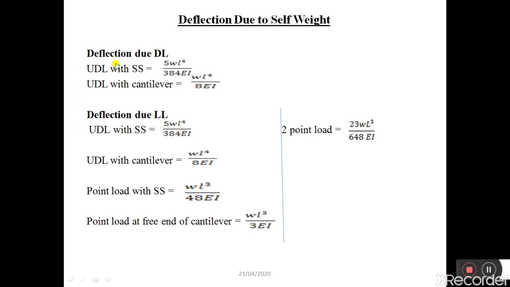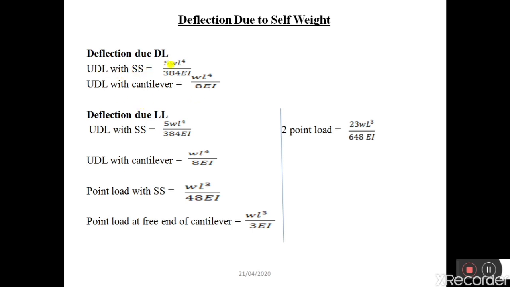So we have two cases for deflection due to dead load. One is when a beam or a member is a simply supported member. Then the formula to calculate deflection is 5WL to the power 4 by 384 EI. So this is for a simply supported beam with UDL.